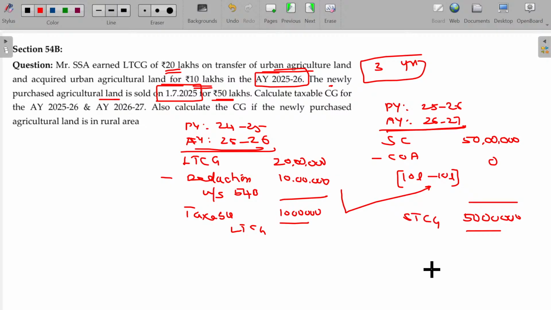The newly purchased asset should be kept for at least 3 years. If it is not so, automatically the deduction already claimed with respect to the same asset is subtracted from the cost of acquisition for the subsequent calculation of capital gain. Clear? Hope now you'll be able to understand this one. 50 lakhs. Shall I move on to the next one?